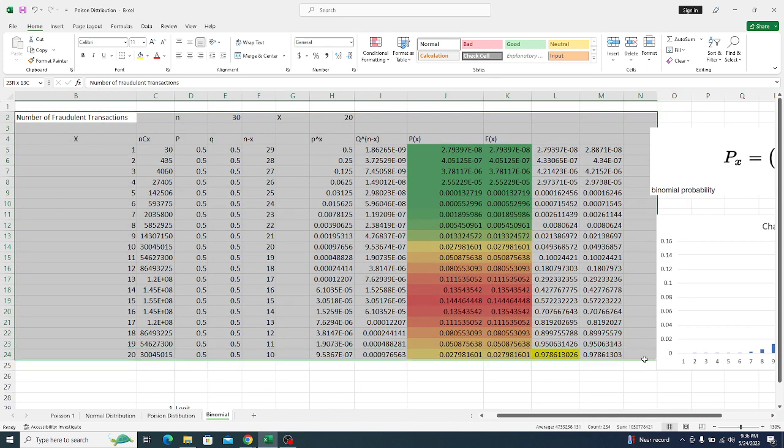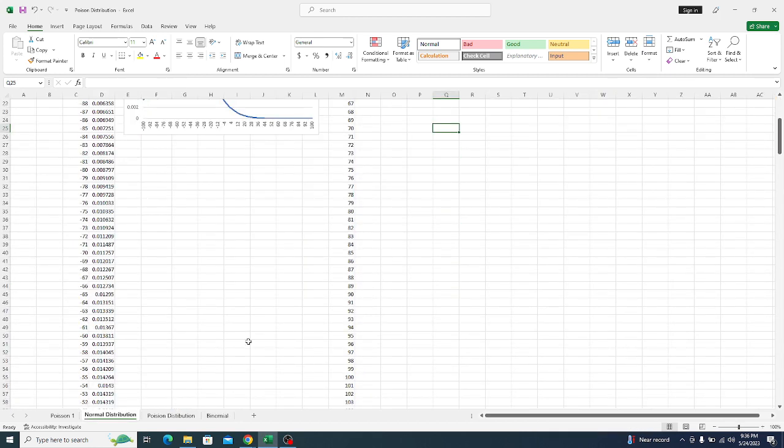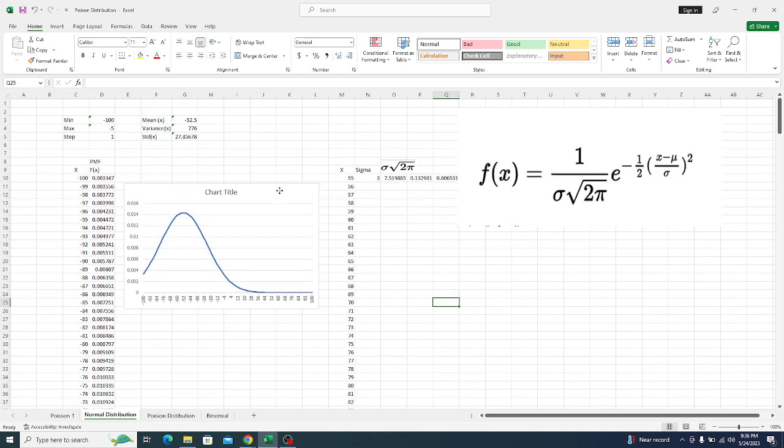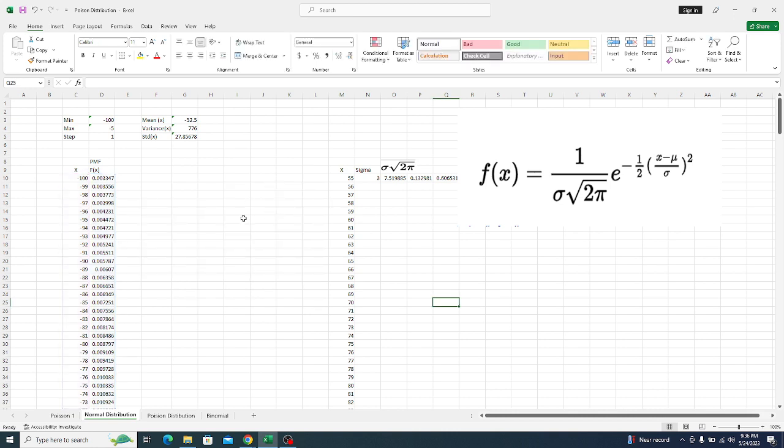So maybe the remaining distribution is the normal distribution. So tomorrow we can meet and discuss the normal distribution, because it takes some time. You can see we have very many variables here.